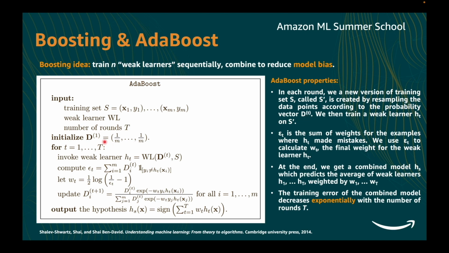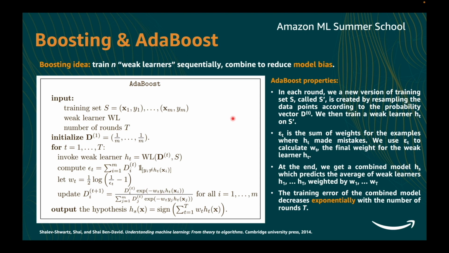So D_t to start with is a uniform vector. Suppose there are 5 data points, it'll be 1 by 5, 1 by 5, 1 by 5, 1 by 5, 1 by 5, and you are going to create a new data set of 5 data points by resampling each data point based on this probability.